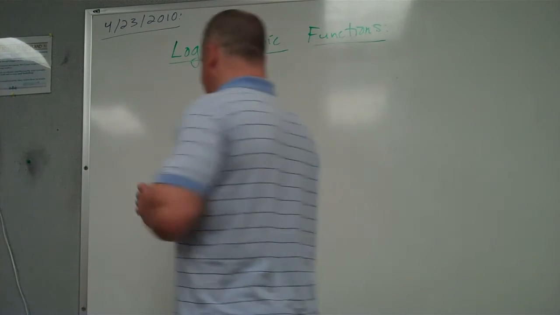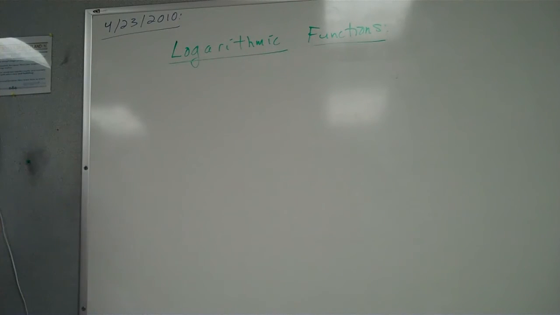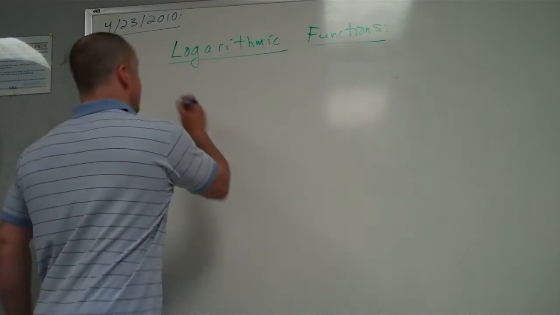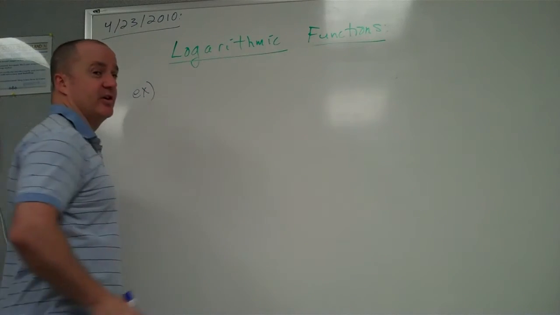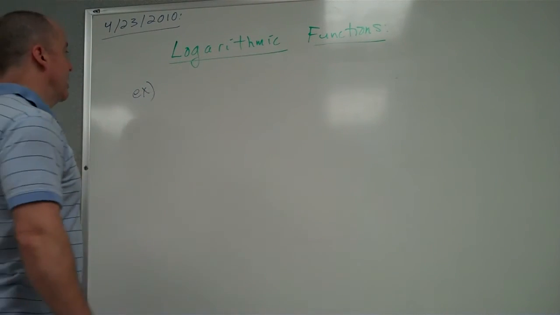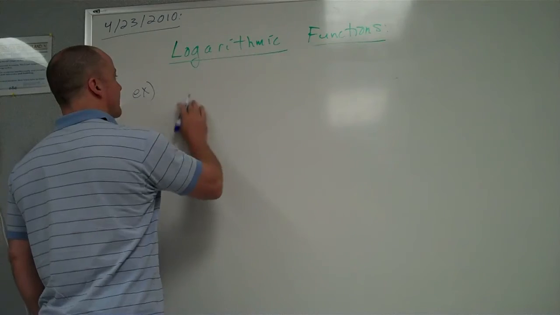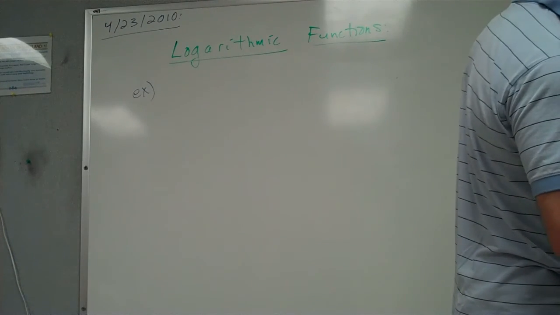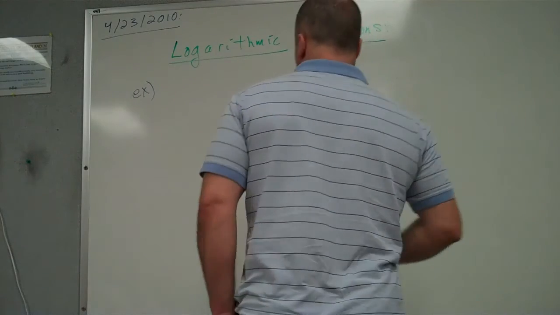Now, Matt, you were doing a good job recognizing the pattern of switching between exponents and logarithms when it was numbers. I need you to do the same thing now on an example function.